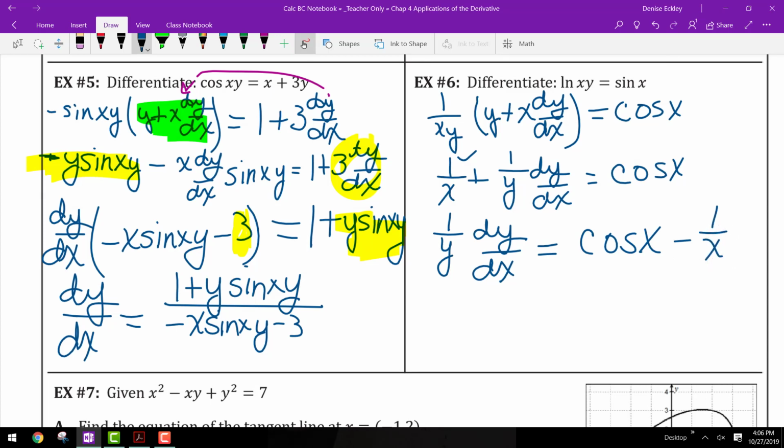So multiplying by y on both sides, we have dy dx is going to equal y cosine x minus y over x. So I'm going to stop here. This will be the end of part 1, and I will finish this up in the next video.